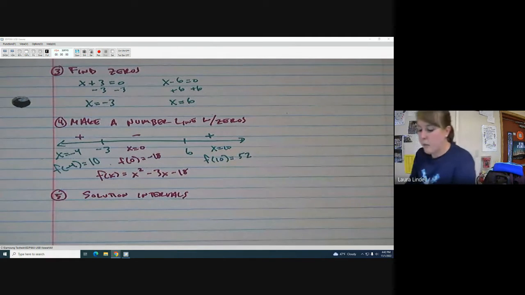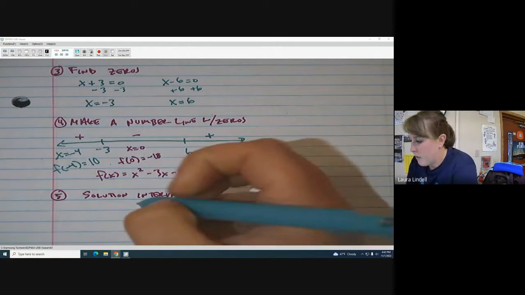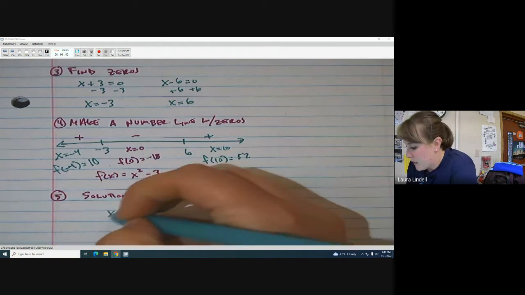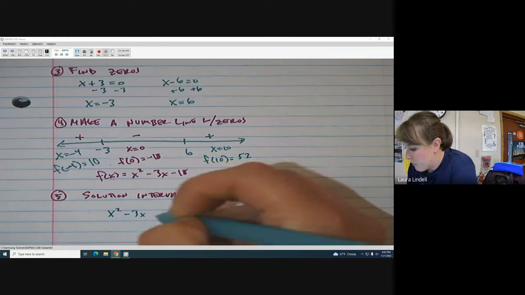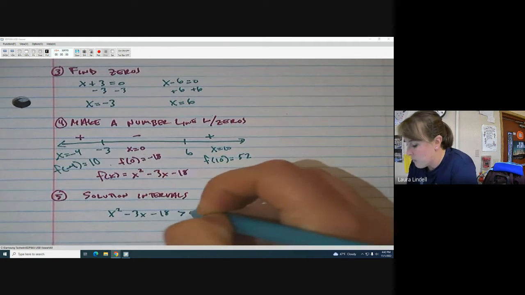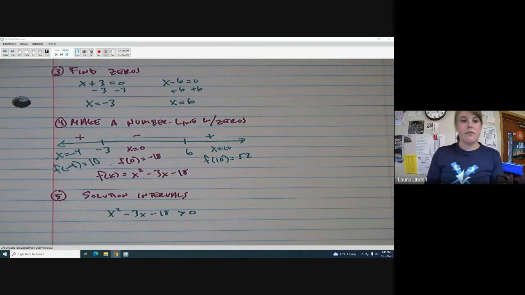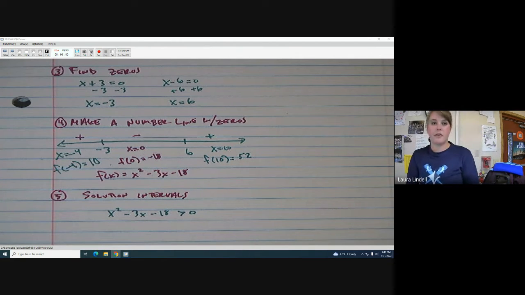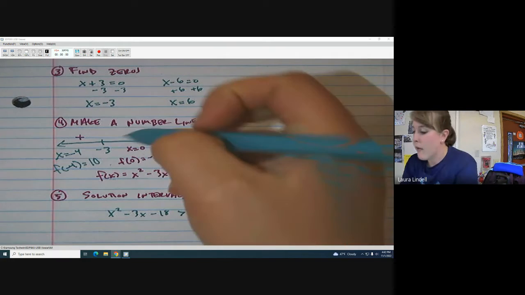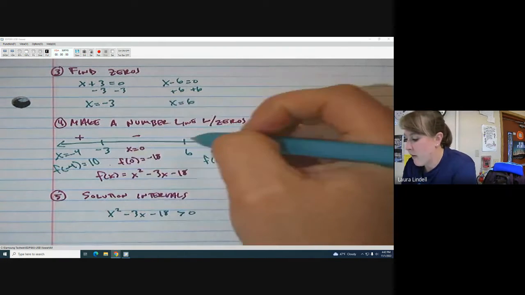So we know from step 1 that we needed x squared minus 3x minus 18 to be greater than 0. So we want the intervals that produce function values greater than 0. That means we need positive function values.